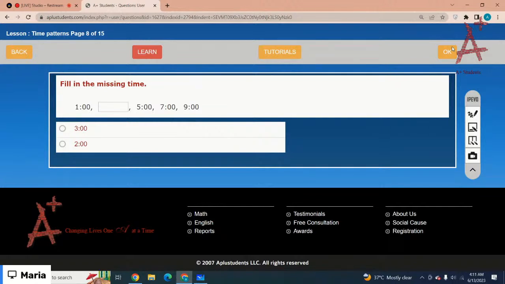Every time you move forward by 2 hours. So which is the correct option?